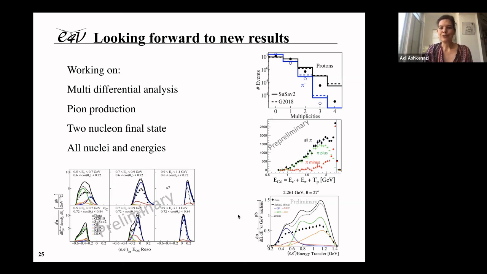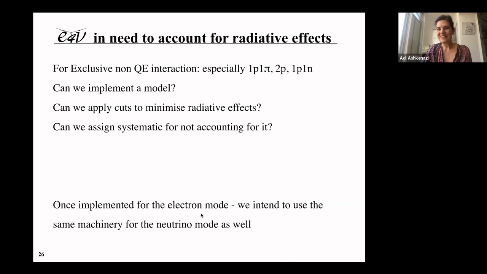And you can see here also several inclusive results in double differential. But here really, I'm raising our need in order to dive into more exclusive and non-quasi-elastic interactions, especially 1p1pi, or 2 nucleons. We really need to make sure that we're accounting for the radiative effects. And again, this is a call for the experts to see if it's feasible in the coming future to account for it.